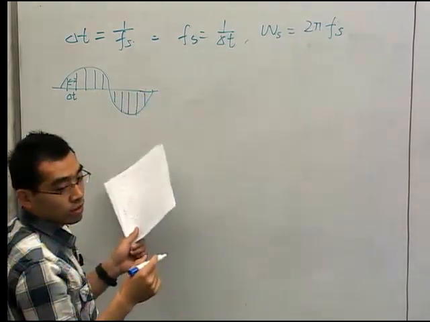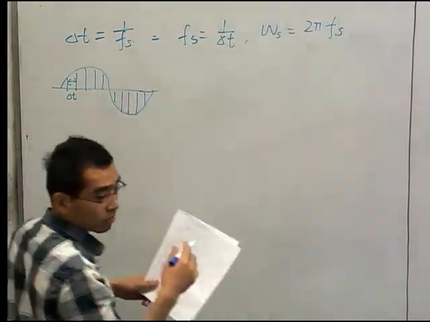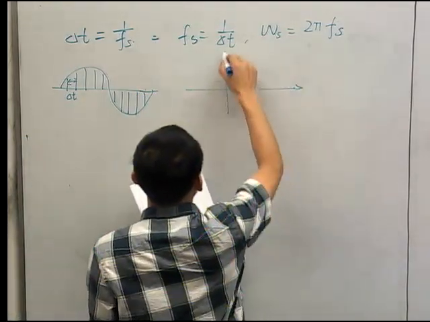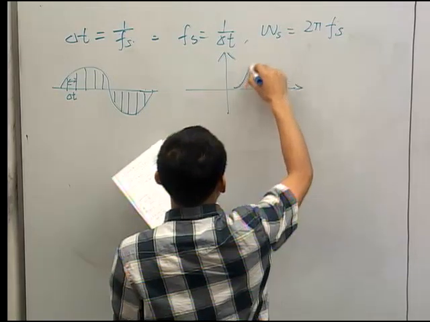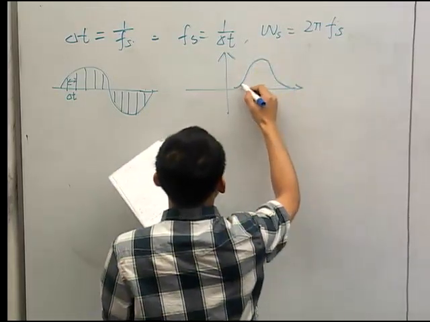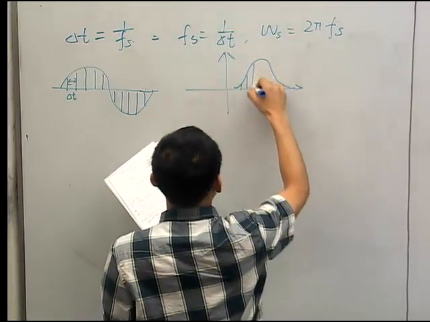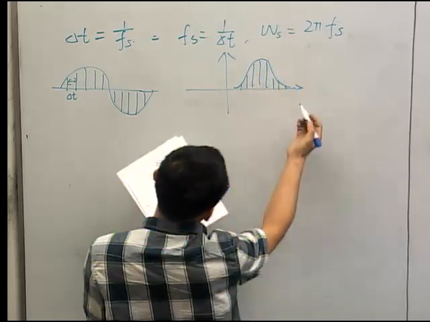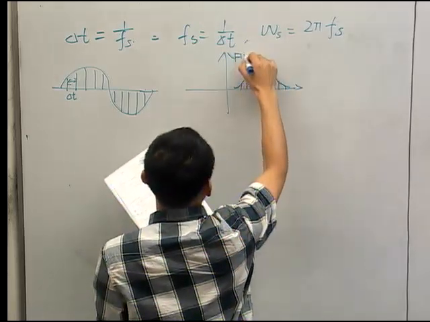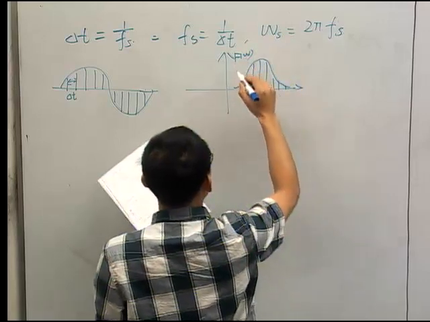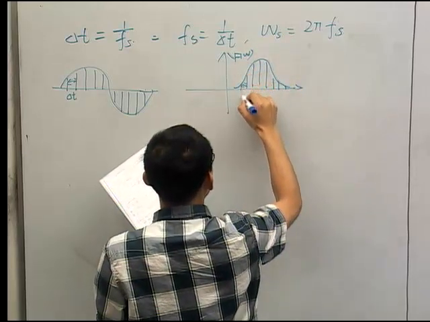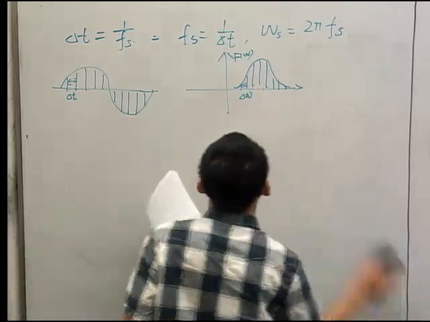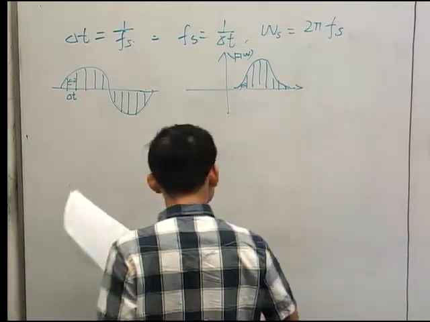But if you do the discrete in the time domain, you will also get discrete in the frequency domain. For example, like this one, you will have not a continuous F of omega, and this is the delta omega.